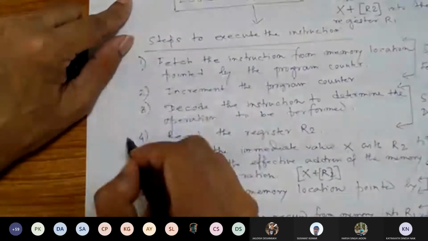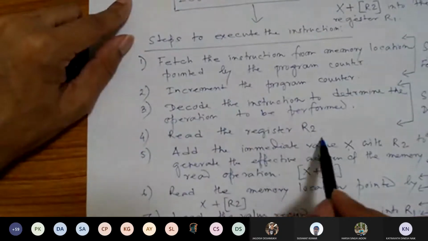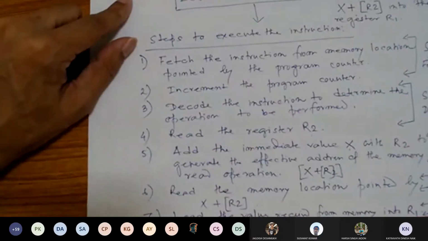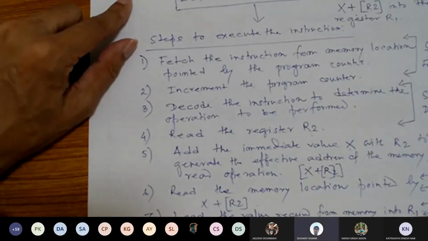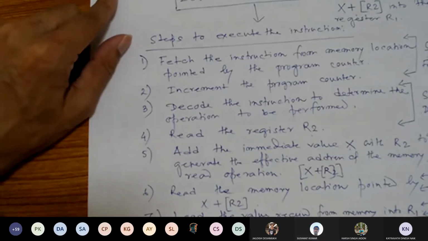I mean to say that this part is common, up to the register reading. After that, do you think that all are needed? And if it is not needed, where is the change?